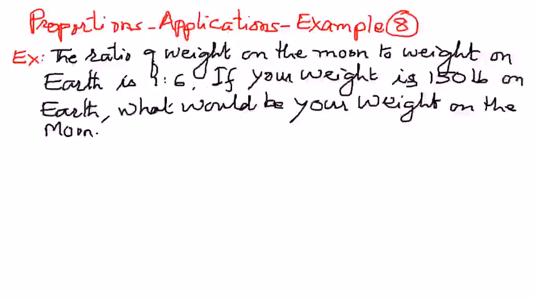Interesting question. So let us see how we can figure this one out using the proportions property. Let us write this given problem in terms of a ratio, in terms of a proportion. The way we can do this is as follows.